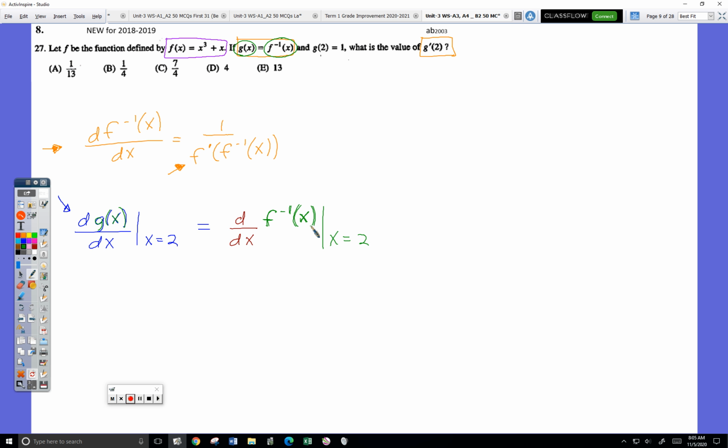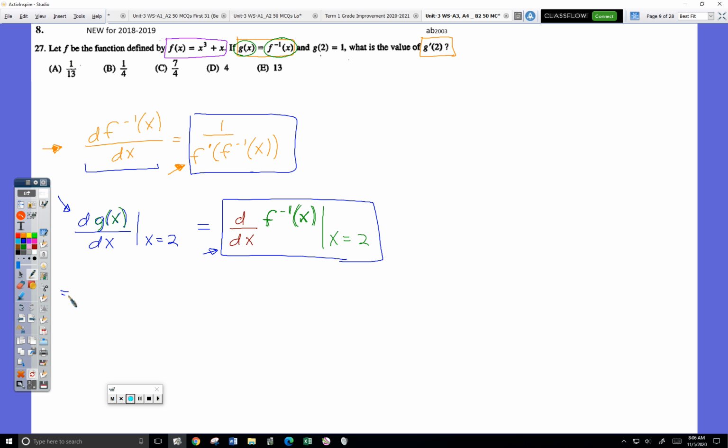So now this is exactly the same thing as the rule on the pink sheet right here. So I'm going to plug this in its place. This blue box right here is going to equal this blue box.